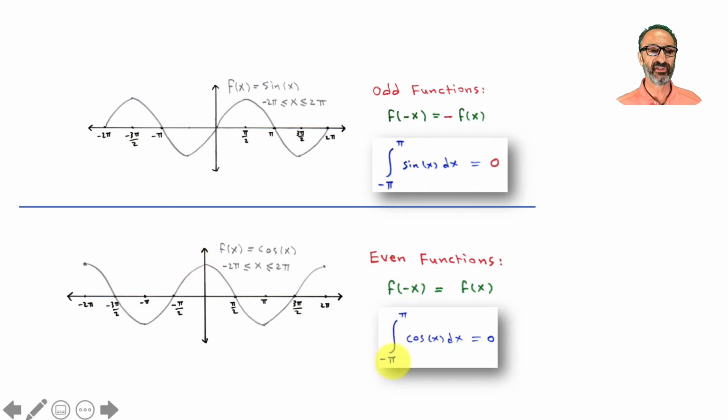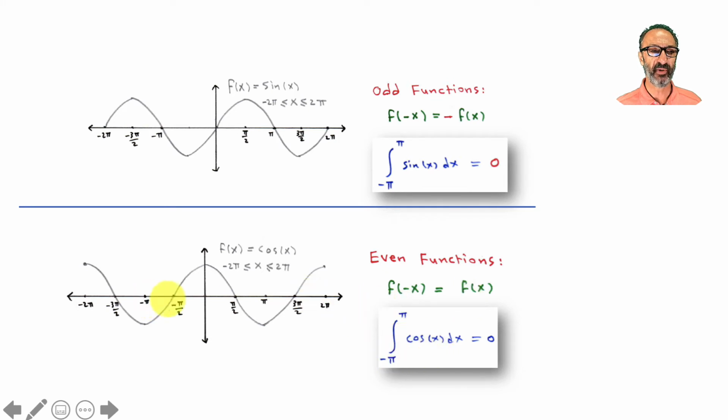Instead of going from negative pi to pi, and I know that it's even, I say, oh, I'm going to go from 0 to pi and multiply by 2. You could do that, but you're going to finish with 0. The 0 here is not highlighted. It's not something that we should pick quick from the rules, but take a look.